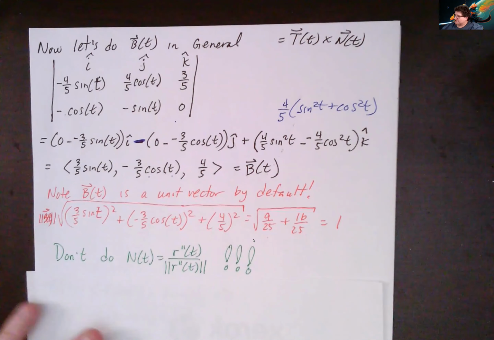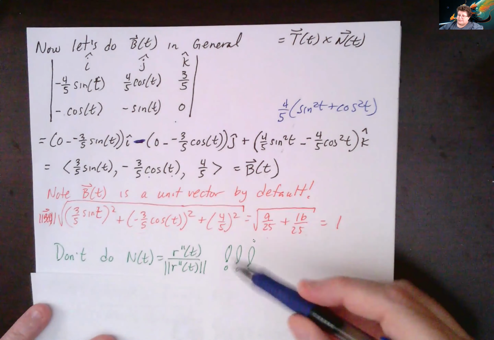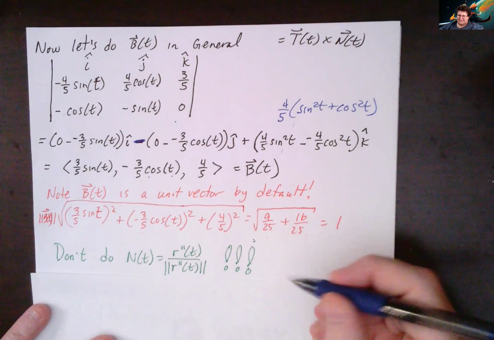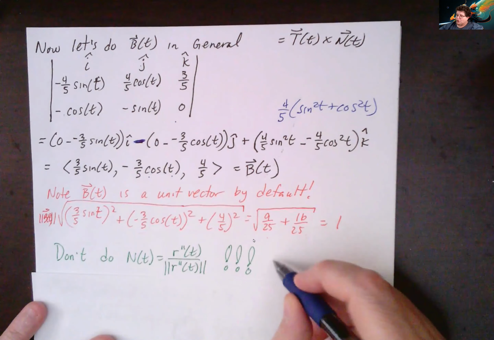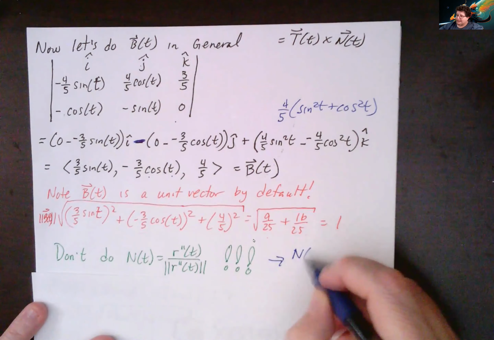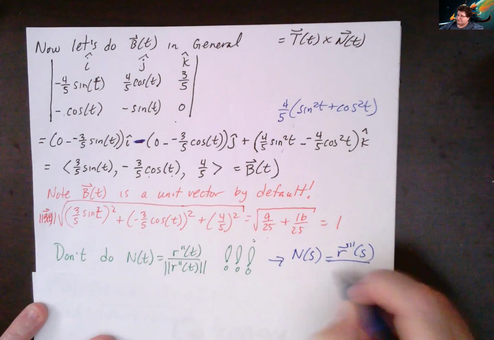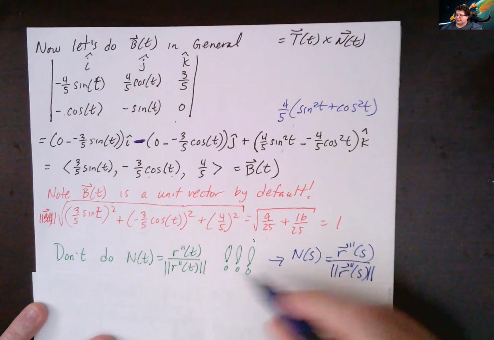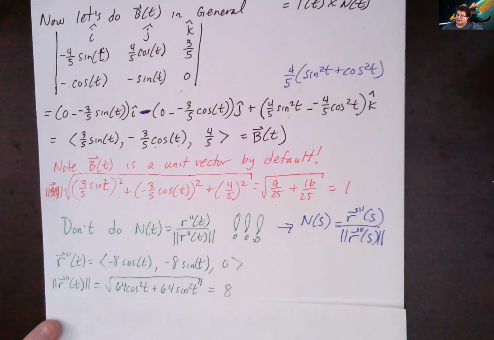I've seen a lot of students in past classes try to do N as the second derivative divided by its magnitude. Don't do it. It works sometimes, as it does here, but it's coincidence. The one where that works is N of s. That's r double prime of s over the magnitude of r double prime of s. It's not always true with N of t, where it happens to be so in this case.